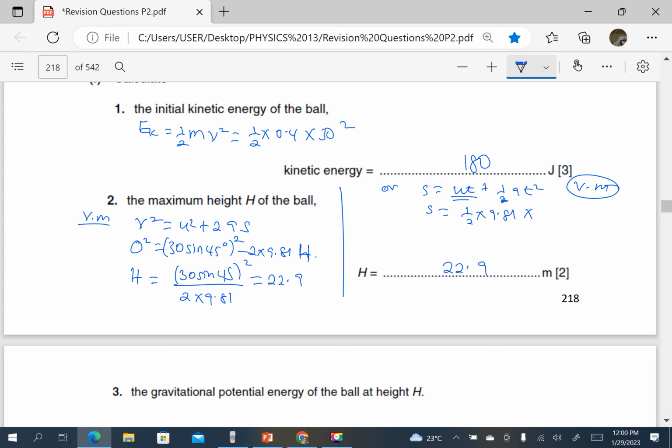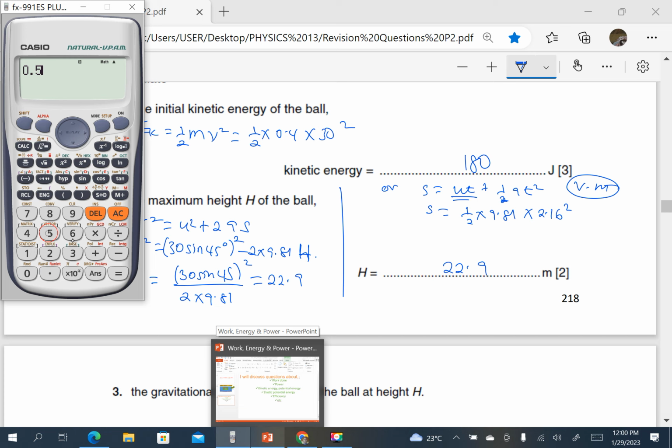That means if it is falling from that height back, it will still take 2.16 seconds. So 0.5 times 9.81 times 2.16 squared. That is 22.9.